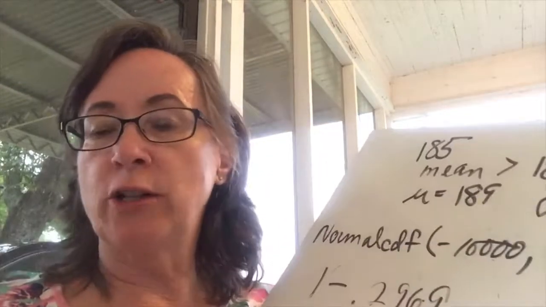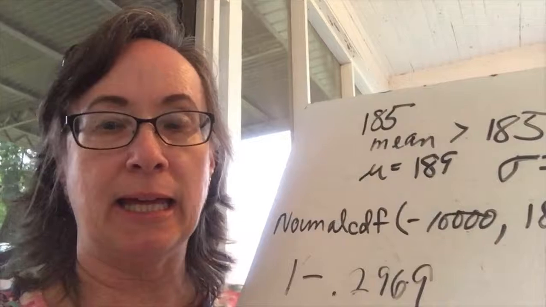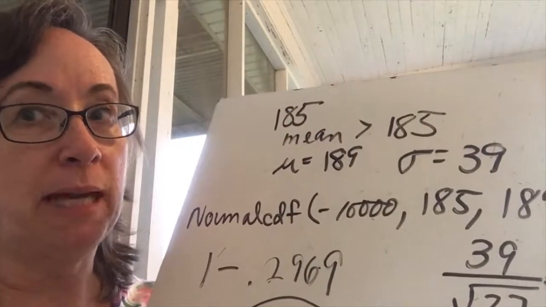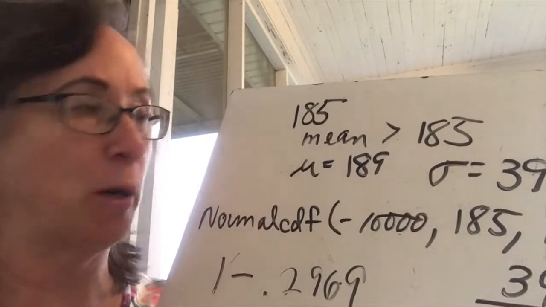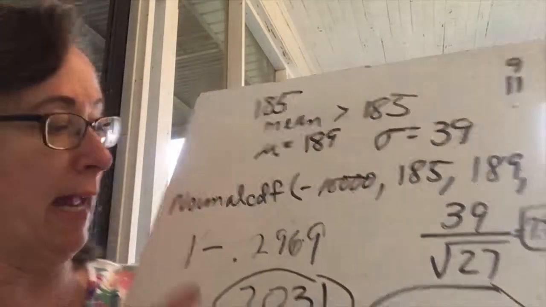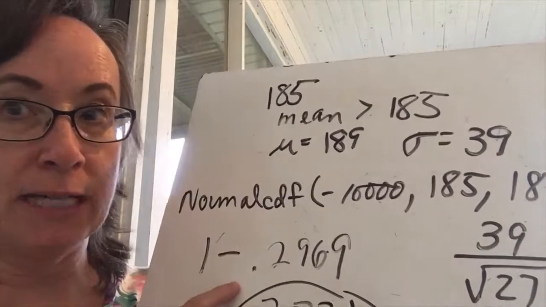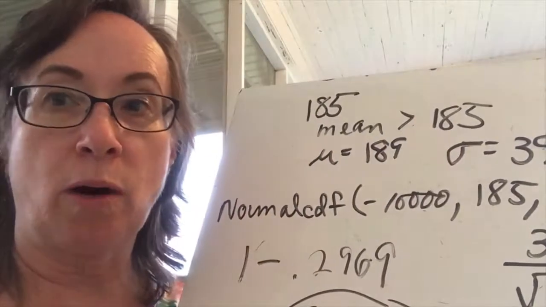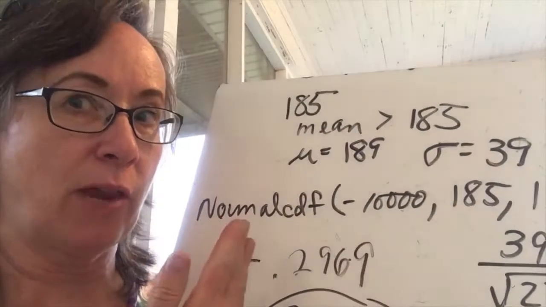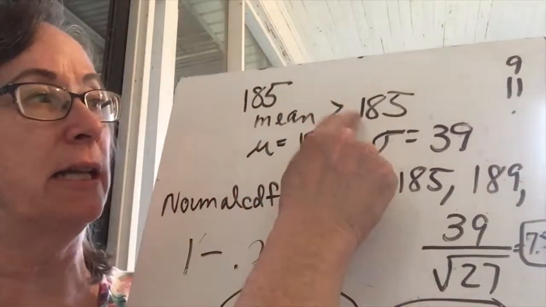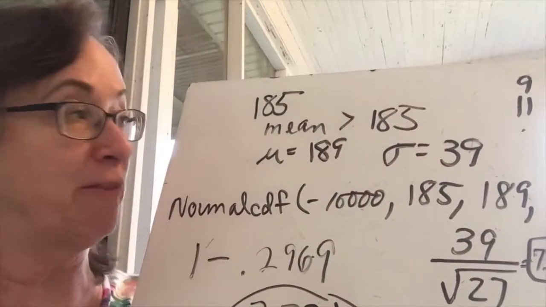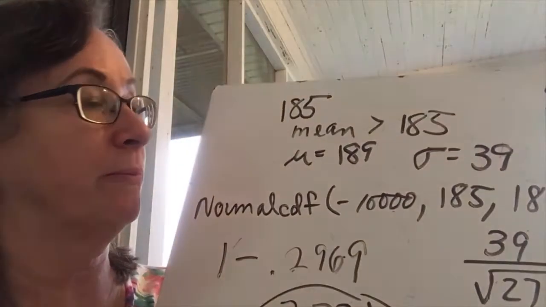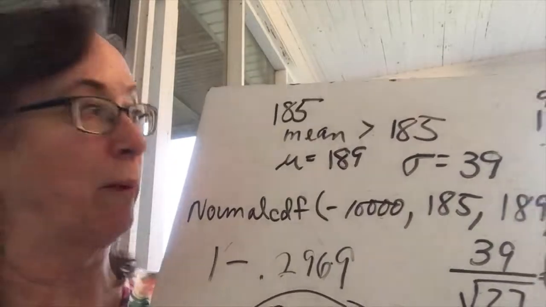All right, so in doing this problem, we're trying to find the probability that the mean weight in the elevator will be above 185 per male. So we're going to have to do a 1 minus at the end of this problem because remember our normal CDF gives us everything to the left instead of the right, but we're wanting to know what is the probability the mean will be greater than 185 for the mean of all the weights.